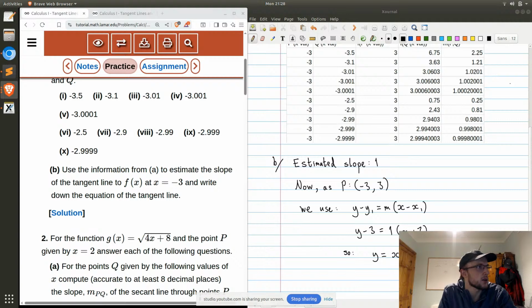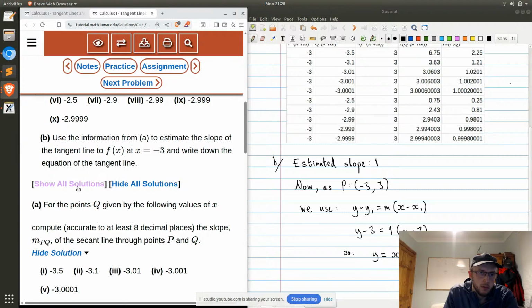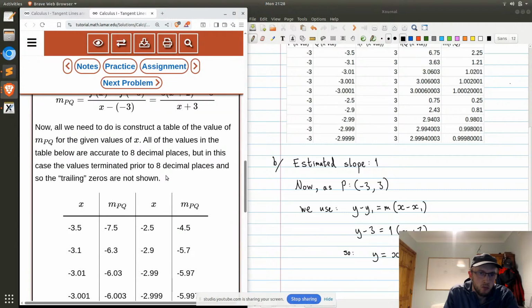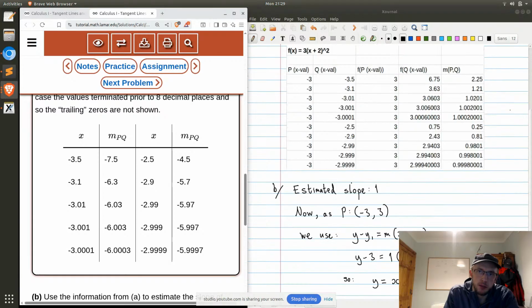Let's see if I actually got it right. Okay, good. So their table looks a little bit similar to mine, but hold on just a minute now.